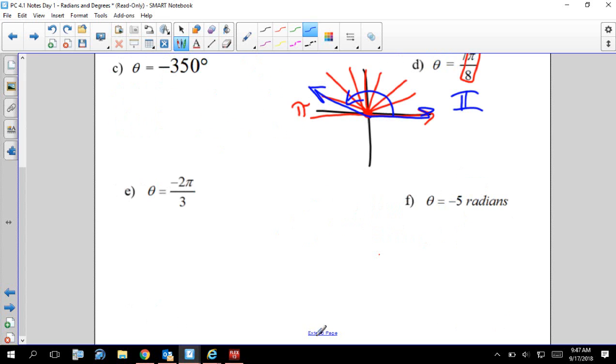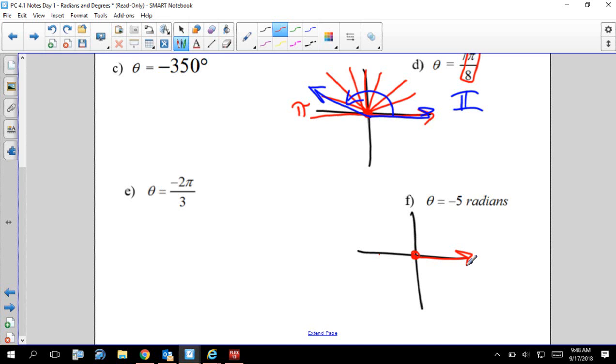Let's do F. Initial side. Terminal side is negative 5 radians. Was there a pi in that radian at all? Then it's in decimal form. So that's where you go back to the front page that has the 6.28 radians, and you approximate where 5 would be.